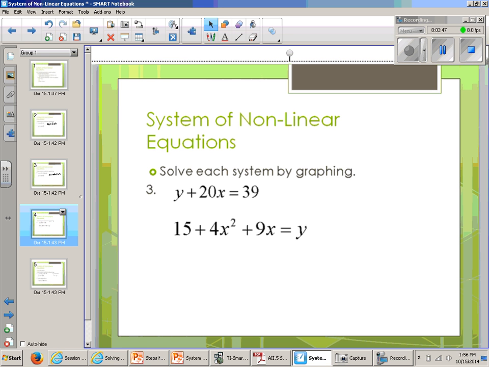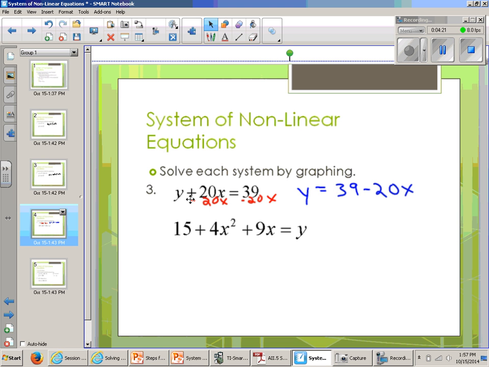We have y plus 20x equals 39. Notice that y is not by itself, so I couldn't put that in the calculator. So I need to solve for y by subtracting 20x. That gives me y equals 39 and 20x are not like terms, so I can't subtract them, so I'm just going to say 39 minus 20x. Notice in the second equation, y is by itself. Yes, it's on the right-hand side, but it's still by itself.